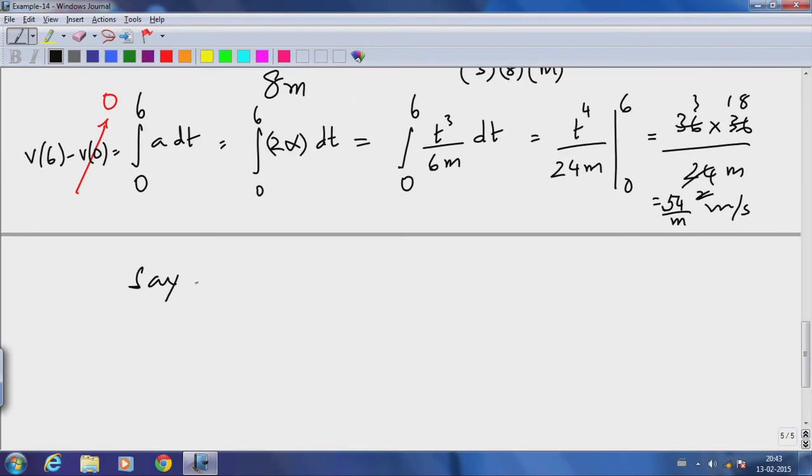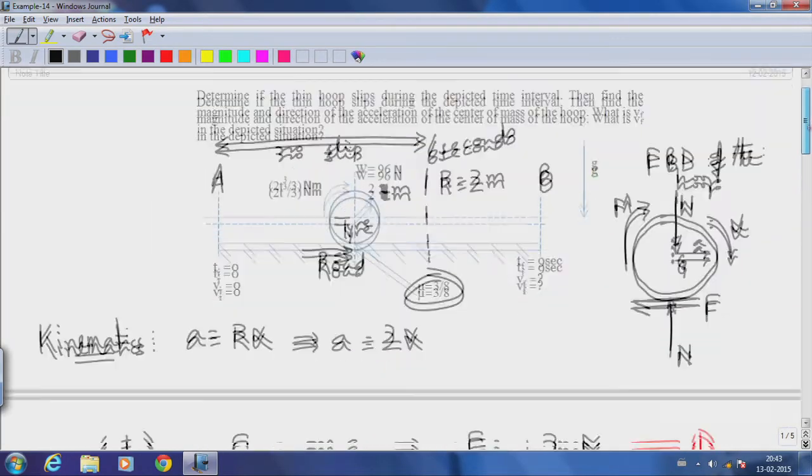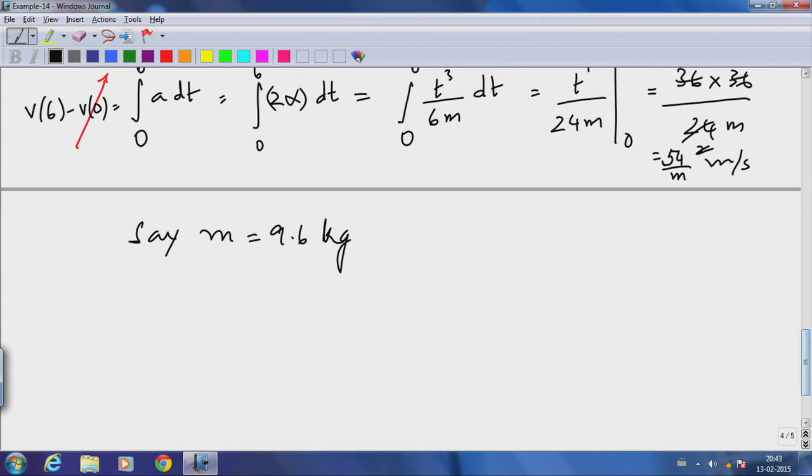So, just for the sake of simplicity, I am going to assume m is 9.6 kilograms. Or to make it simple, I am going to assume m is 10 kilograms because it really is not going to make much of a difference, which implies velocity at 6 seconds is 5.4 meters per second.